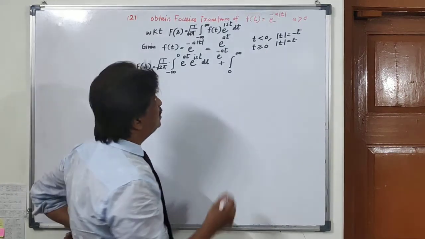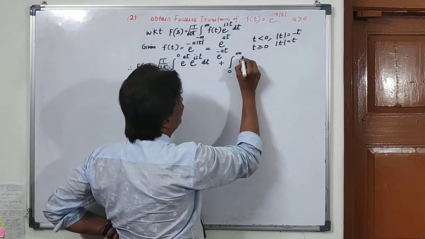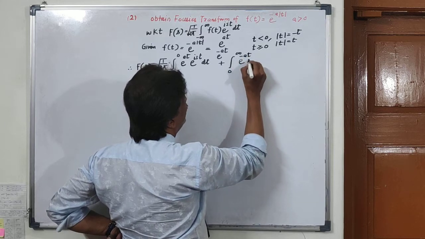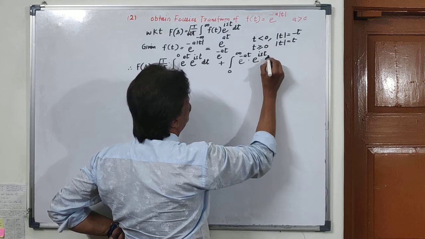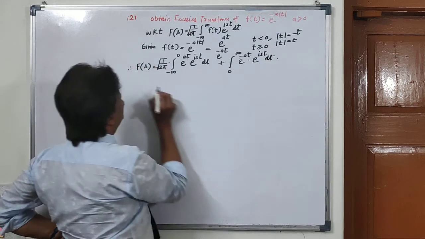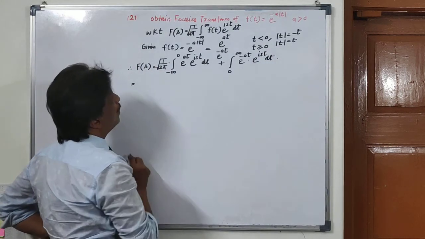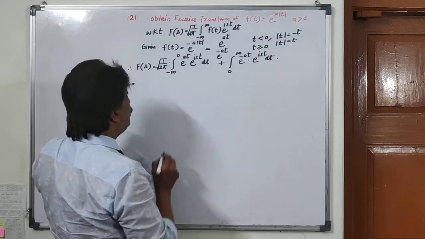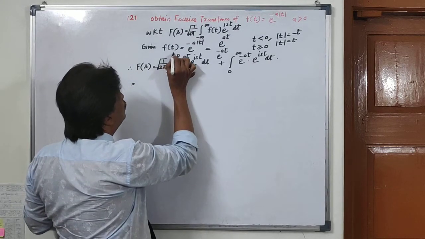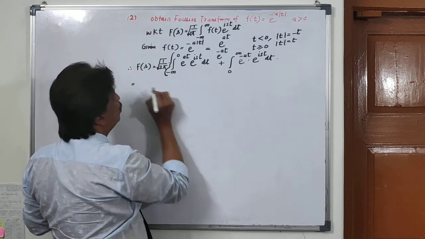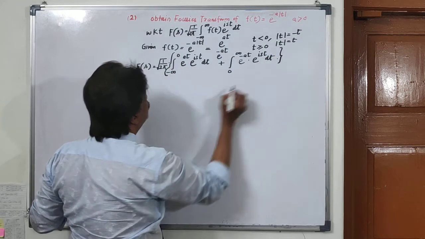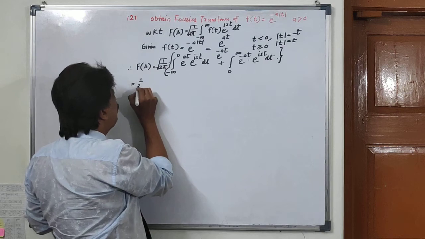From 0 onwards, the function takes the value e to the power minus at into e to the power ist into dt. 1 upon 2 pi under root is common throughout.